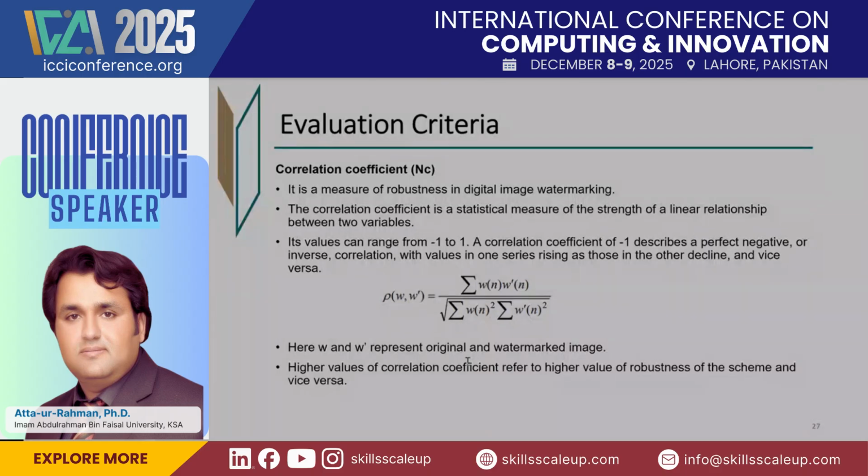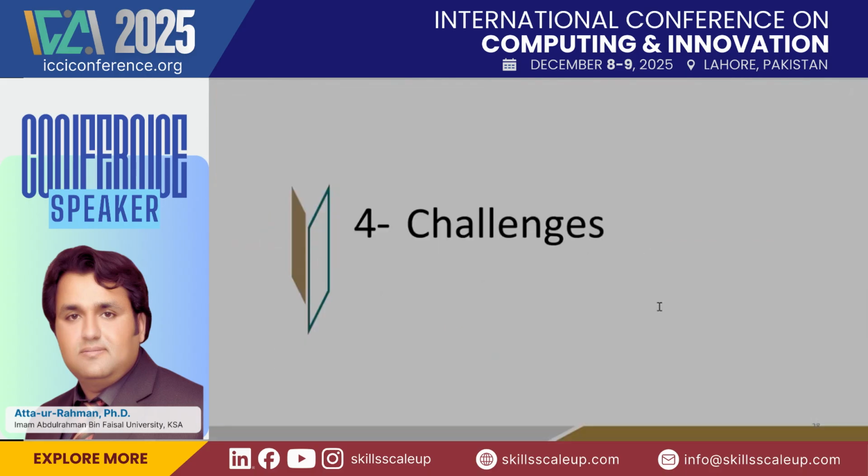Here W and W prime represent the original and watermarked images respectively. The higher values of correlation coefficient refer to higher robustness of the scheme and vice versa. This means the closer it is to 1, the more robust the image will be against certain kinds of attacks.